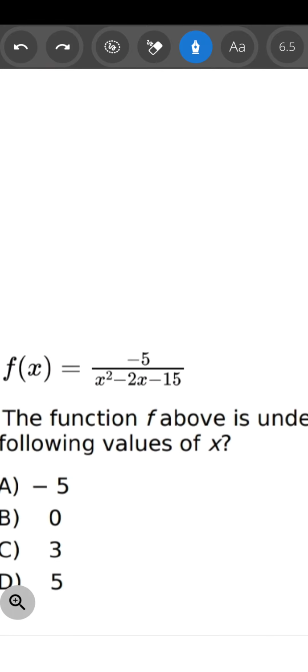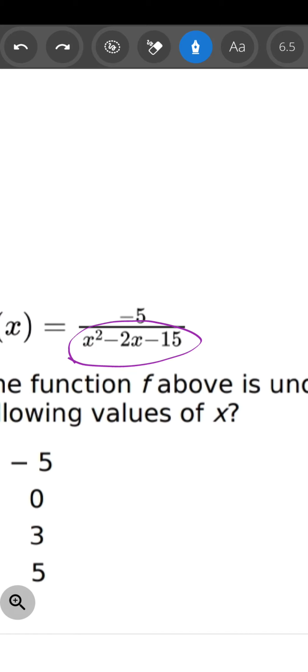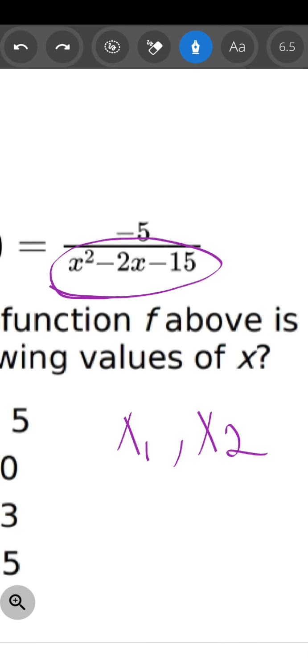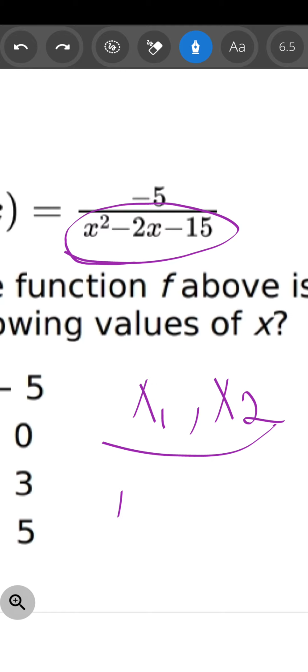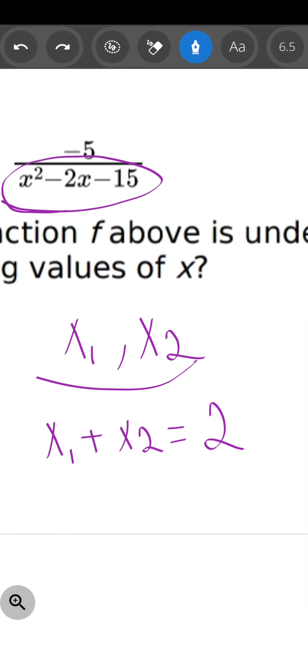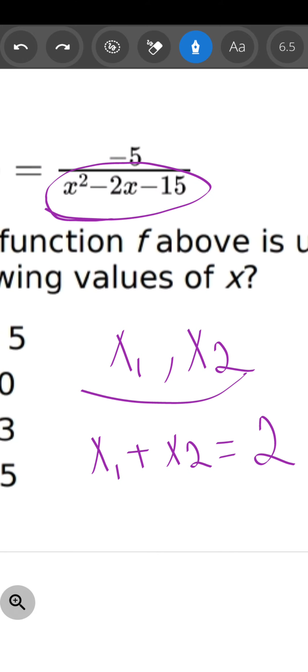So denote the roots of the denominator of this fraction by x1 and x2, and according to Vieta's theorem, we have the sum of these roots, x1 plus x2, equal to 2, and the product of these roots, x1 times x2, equal to -15.